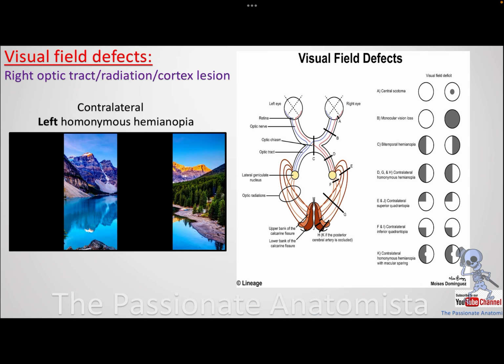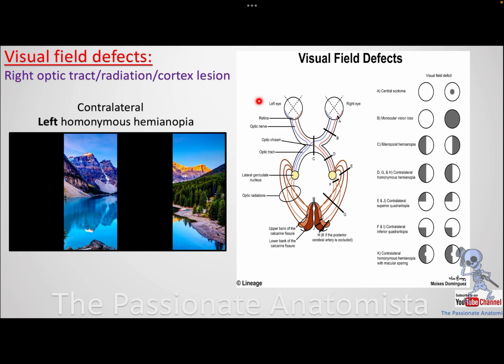All right, what happens next to it? Okay, guys, once you read the optic radiation, or the optic tract, or the cortex, it means you're going to lose the opposite side of both eyes.